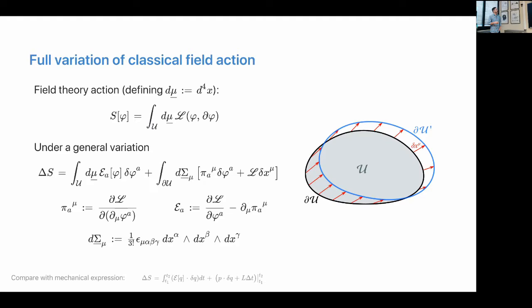This infinitesimal displacement vector is the difference between the displaced boundary and the undisplaced boundary. And so when you contract that into the surface element, that gives you the infinitesimal volume swept out by the boundary displacement.